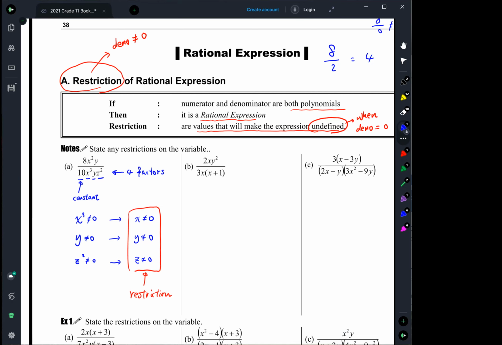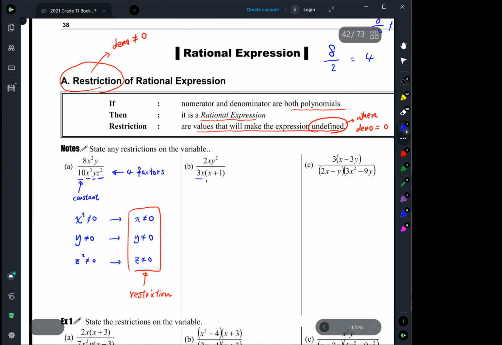Factors means things that are multiplying together. So what are multiplying together in the denominator? 3x, and x plus 1.